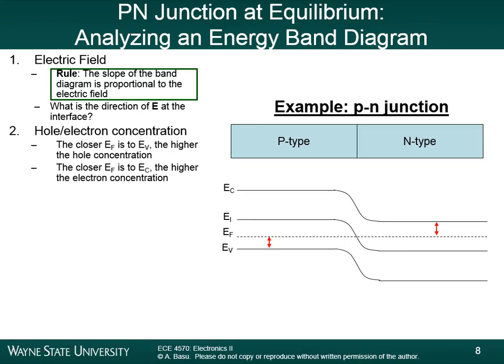Most of the properties of the diode are determined by just the doping on the P side and the doping on the N side. We'll talk more about that as we go.